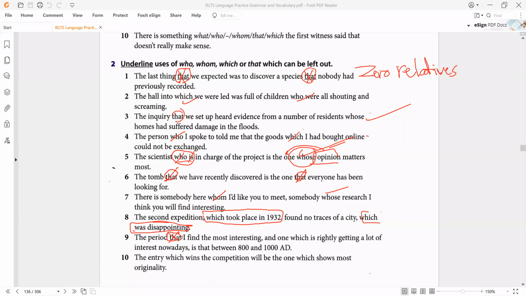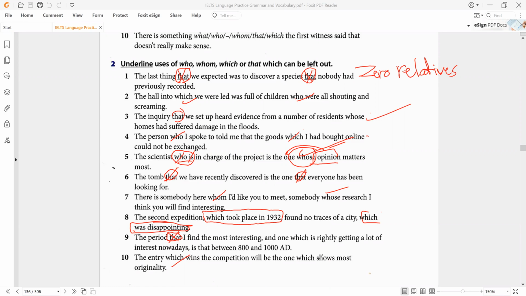Number 10, the last one. The entry which wins the competition will be the one which shows most originality. Keep the first and delete the second, I think. Okay, we keep the first, but how about the second? One shows. We can delete it. Will be the one shows most originality, or the one which shows most originality?